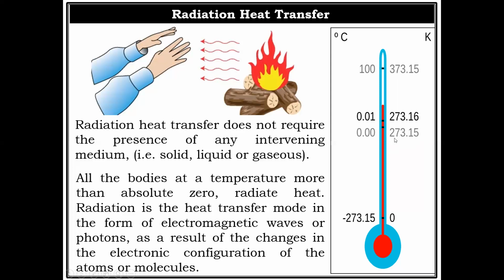Suppose we go on the minus side of degrees centigrade. When we reach 0 Kelvin, that is minus 273.15 degrees centigrade. This is absolute zero. So above this value, any material will emit radiation.